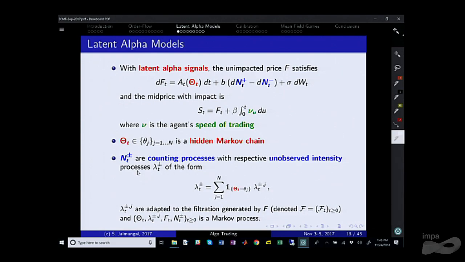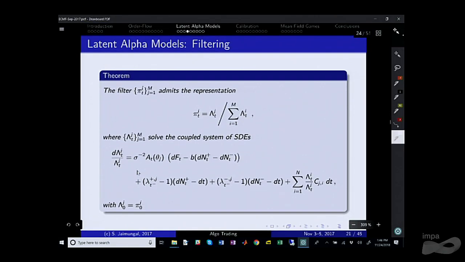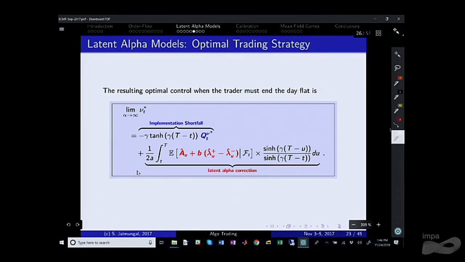Once you do that, you've changed a partial information control problem, which is the one that you're after, into a full information control problem. And after a bunch of analysis, which I'm hiding here again, here's the end result. Very interesting. It looks almost precisely the same as what we saw for order flow. So what's happening there?